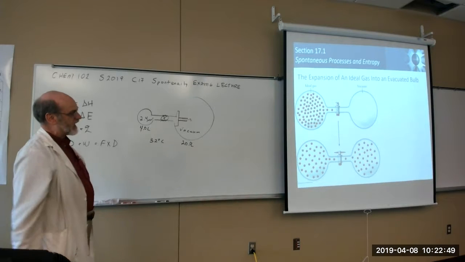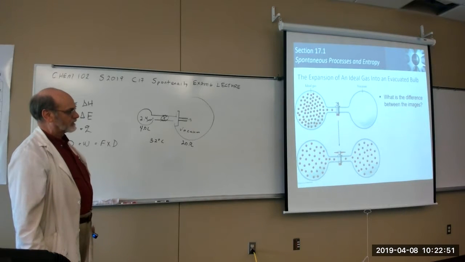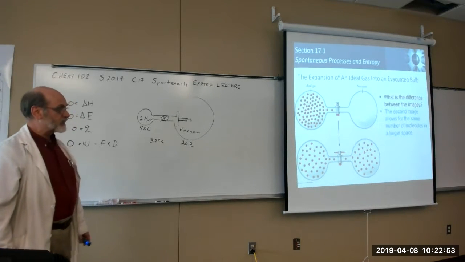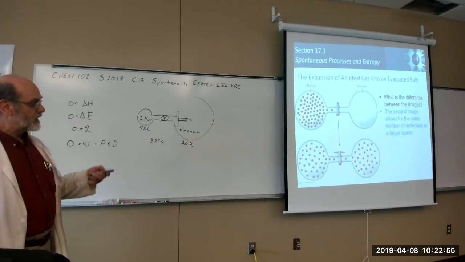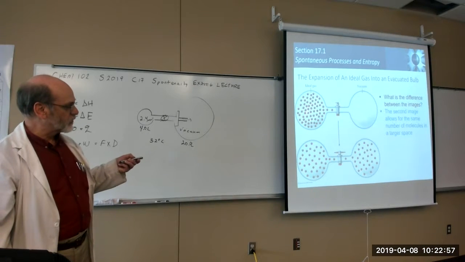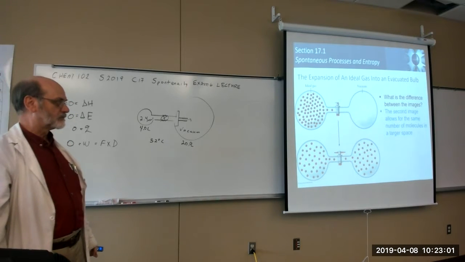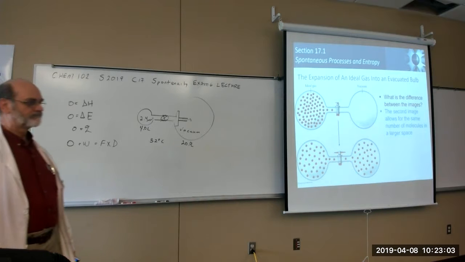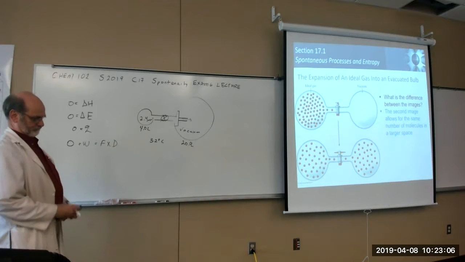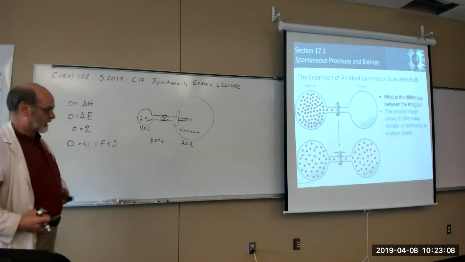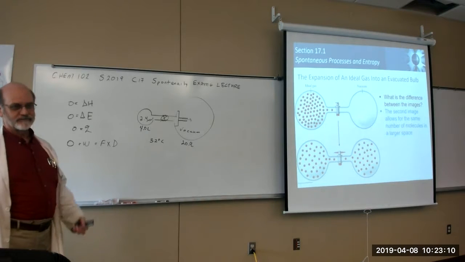Okay, so this is what has happened. The difference between these two images, notice, is that these molecules are more widely spaced. They have more room, so less chance of change. They have more elbow room, right?